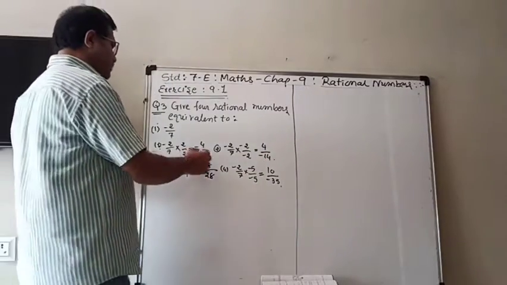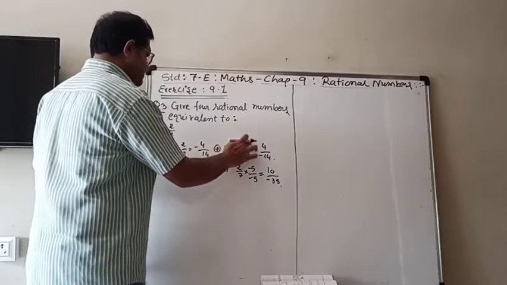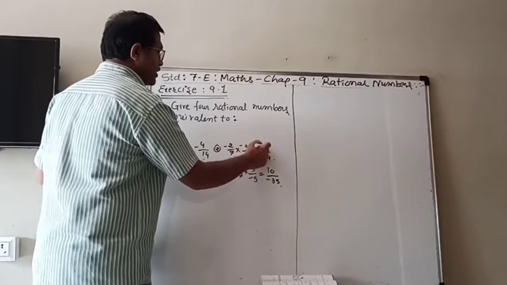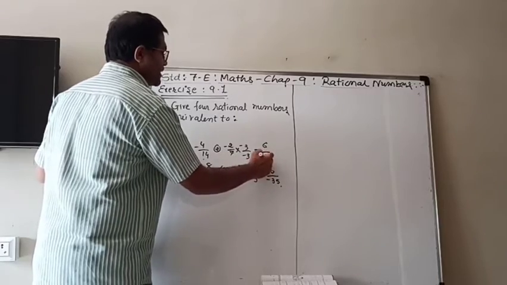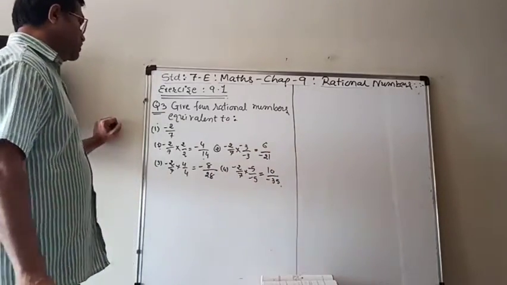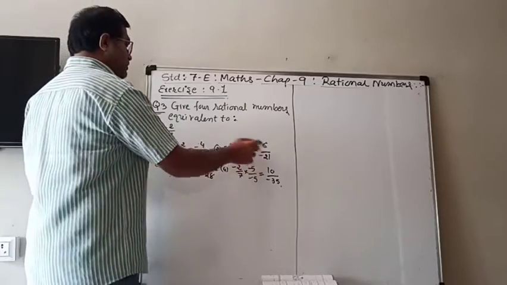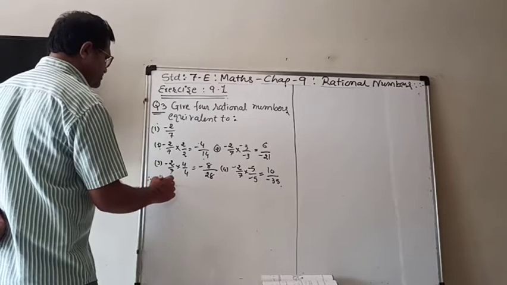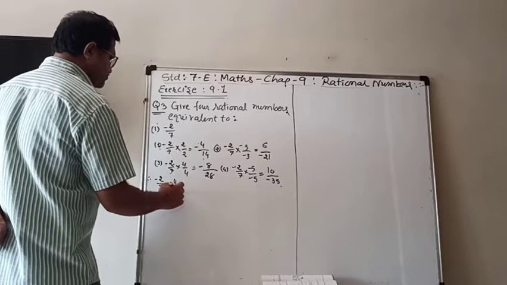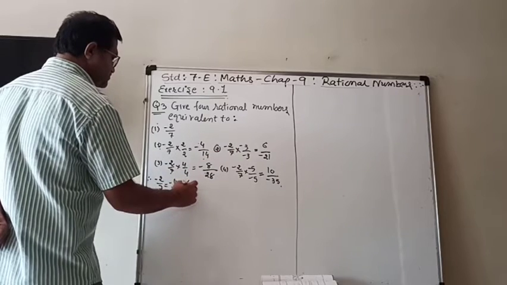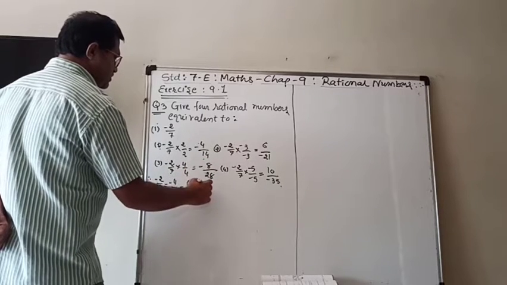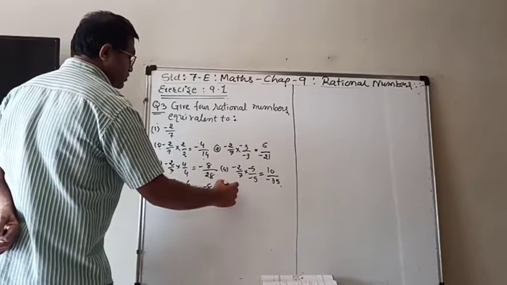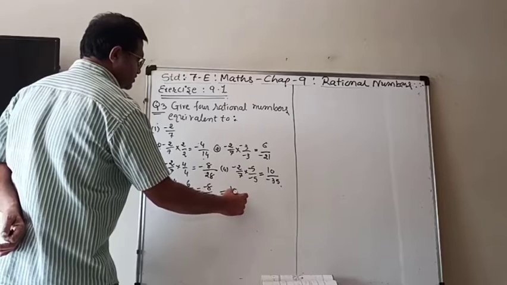So thus 4 numbers, or you can do one thing, rather take 3 upon 3. So 2 threes are 6 upon 7 threes are, say, minus 21. So these are all equivalent rational numbers. Therefore, we can write down minus 2 upon 7 is equal to minus 4 upon 14 is equal to 6 upon minus 21 is equal to minus 8 upon 28 and is equal to 10 upon minus 35.